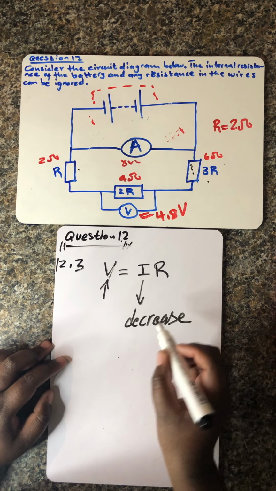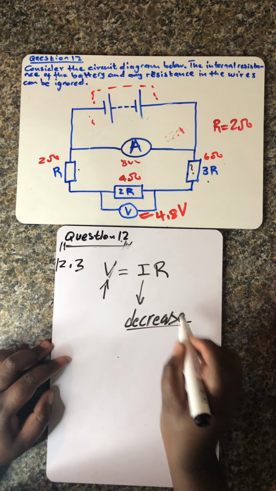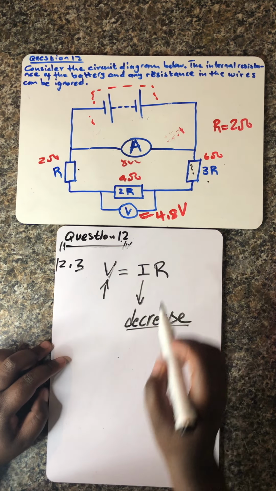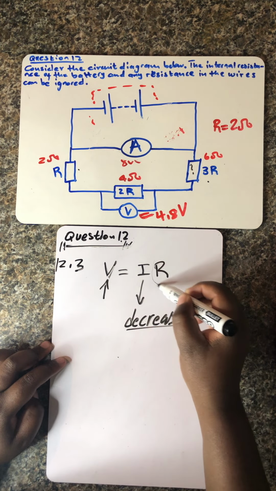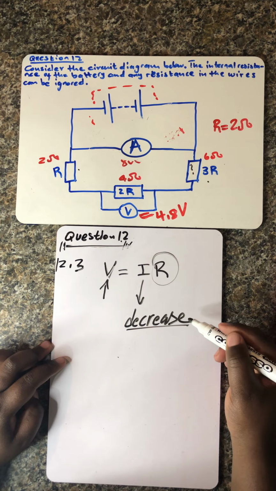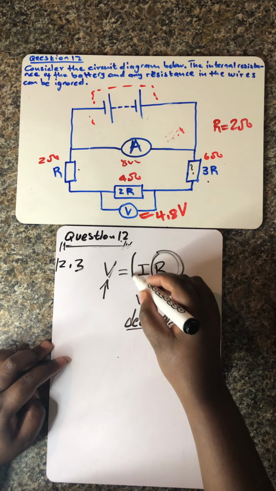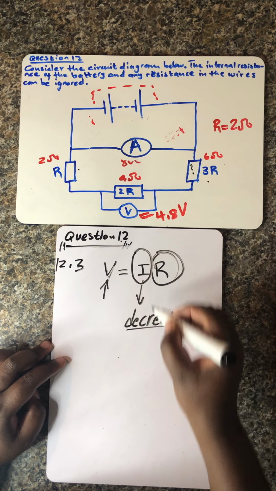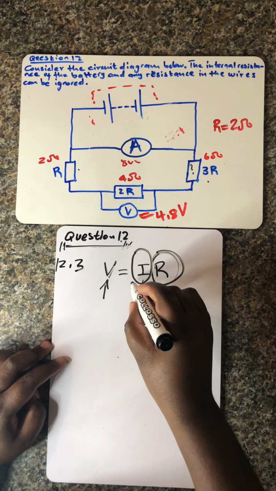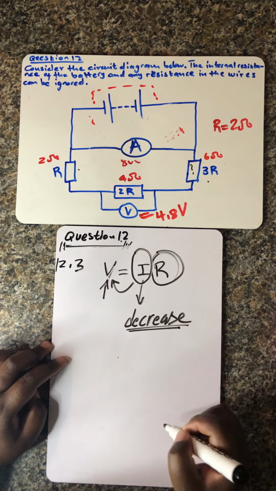Obviously, because the current flow in this side is decreasing, you're going to multiply with R, the same R, but the current is no longer the same, it has decreased. That means this is going to decrease.